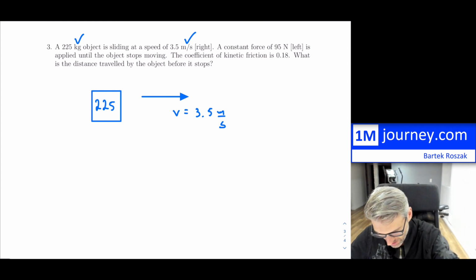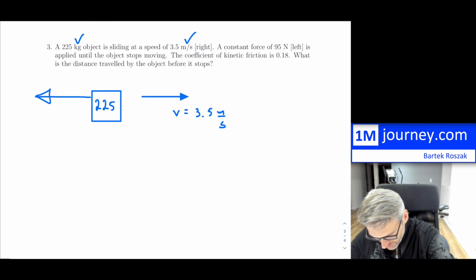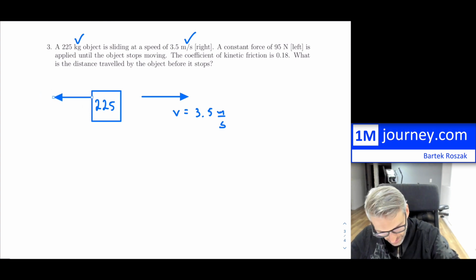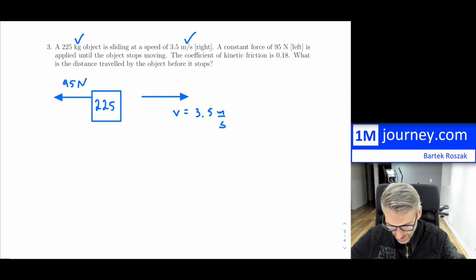We don't know where this is coming from, but in any case, we have a force of 95 newtons. It's applied until the object stops moving. So basically, something is trying to prevent this from moving. The coefficient of kinetic friction is 0.18.